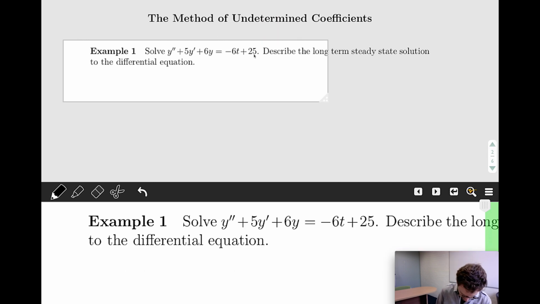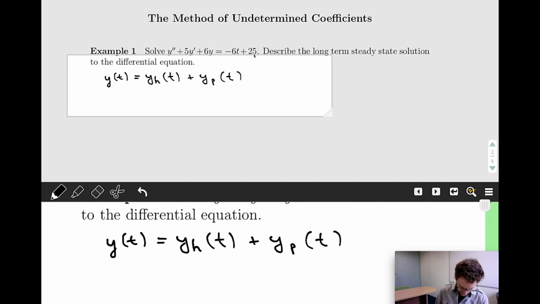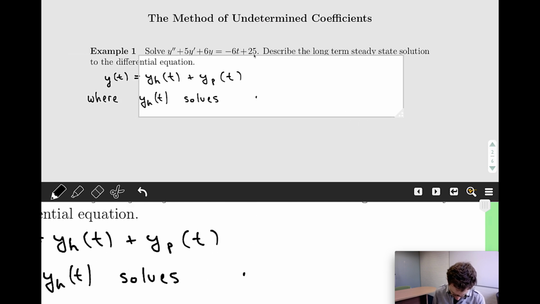We just saw that the general solution to a non-homogeneous equation is the sum of two pieces, the homogeneous piece and the particular piece, where the homogeneous piece solves exactly the same ODE, except I set the right-hand side equal to 0. It's the homogeneous problem.